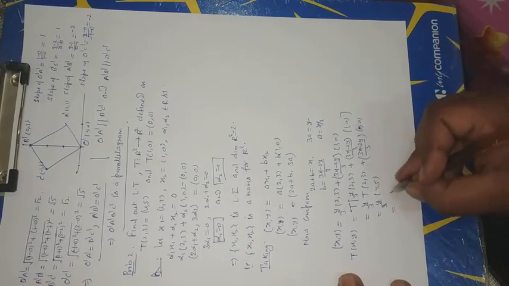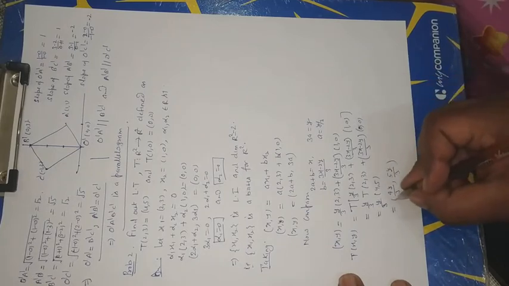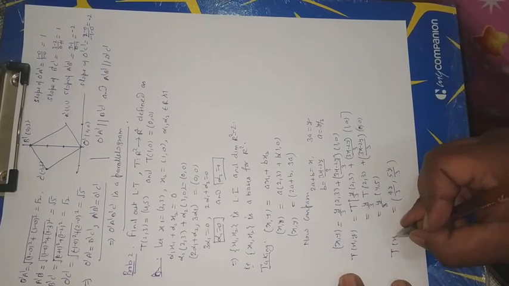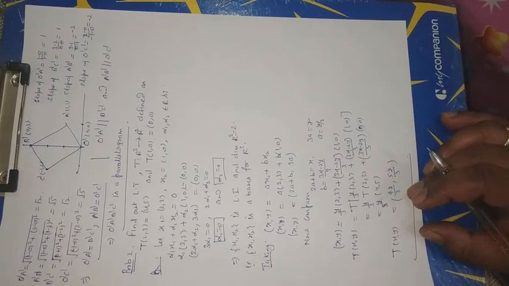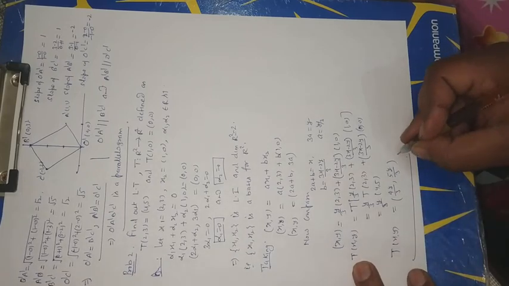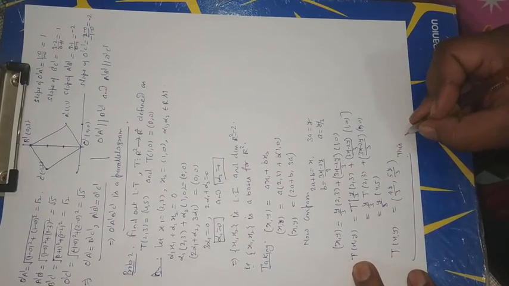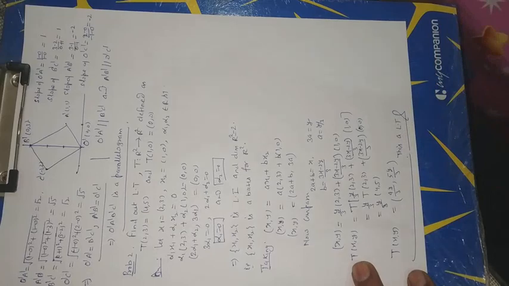Now this is equal to (4y upon 3, 5y upon 3). This is equal to T(x, y). Okay, this is the required linear transformation. This is a linear transformation. Okay student.